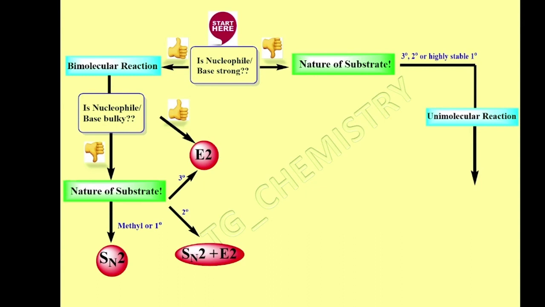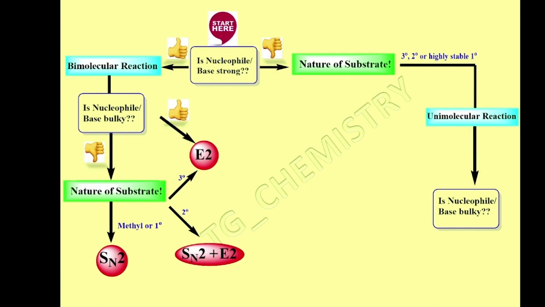That means that only the concentration of the substrate will appear in the rate determining step of the reaction. There will be no role of the nucleophile or base in the rate determining step of the reaction. So in that case, whether the nucleophile or the base is bulky or not, we need to learn that.